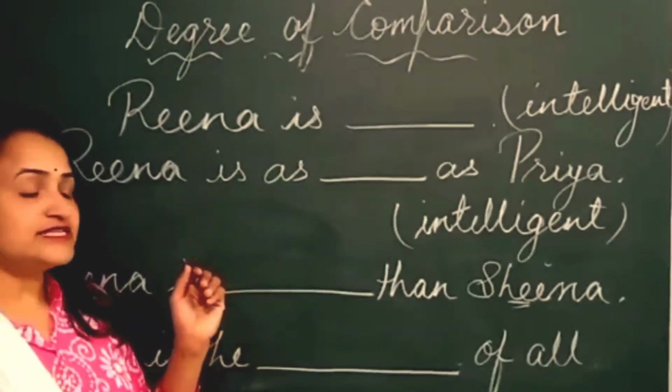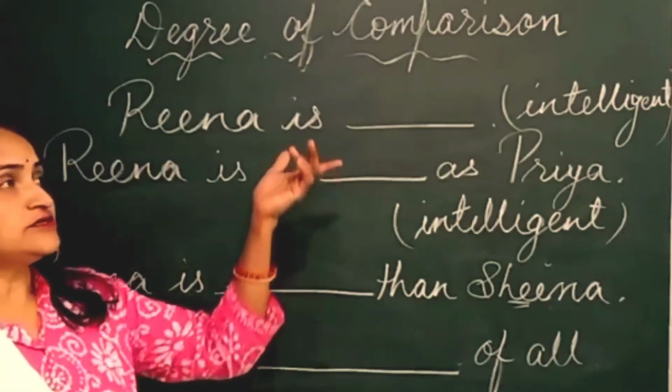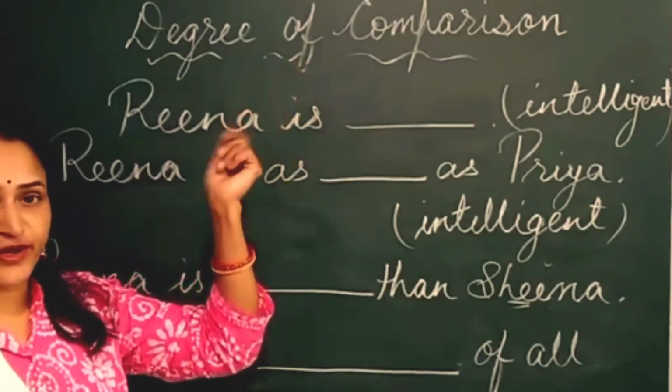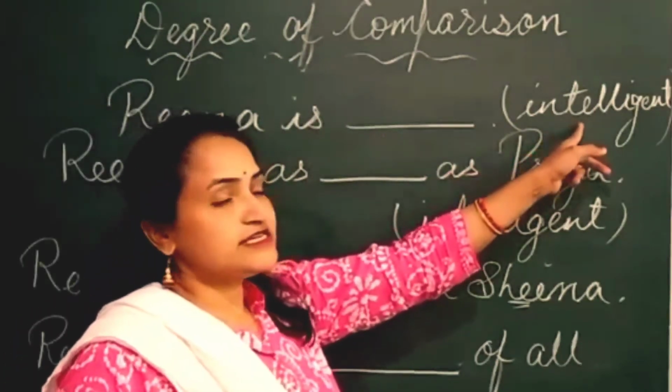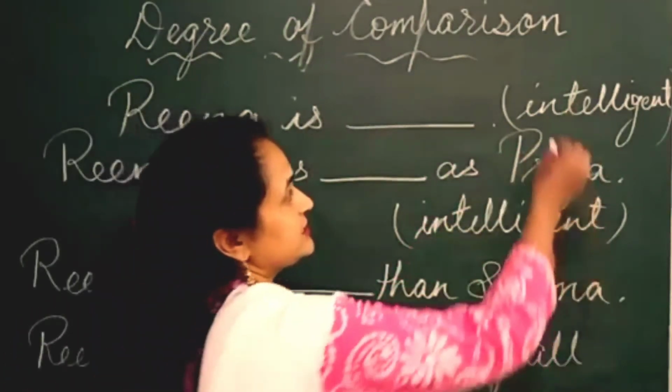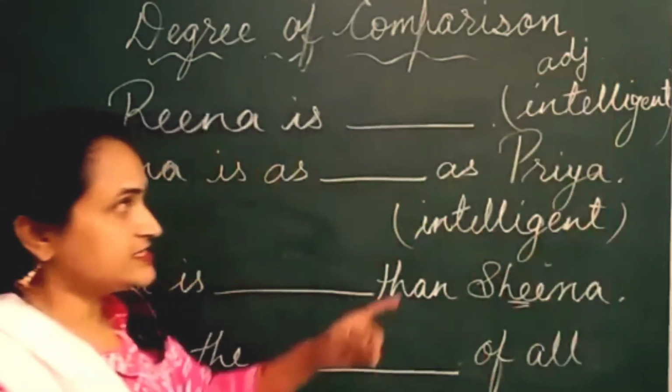Okay, now see this example, which shows how to use the degrees of comparison. Reena is fill in the blanks. Here the quality, or adjective, is given: intelligent.